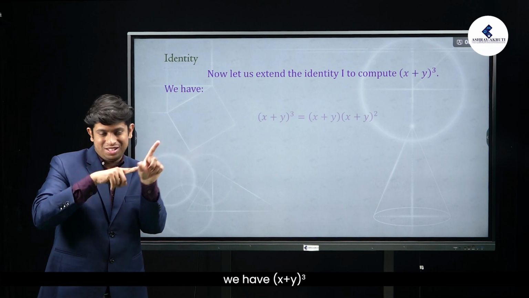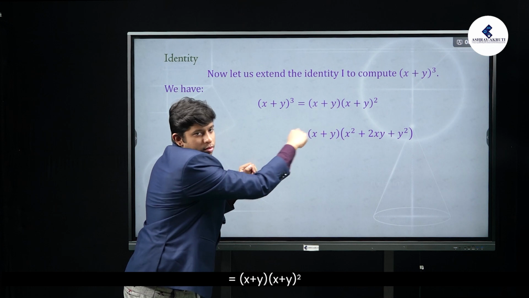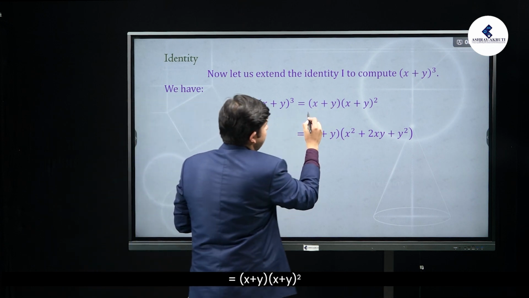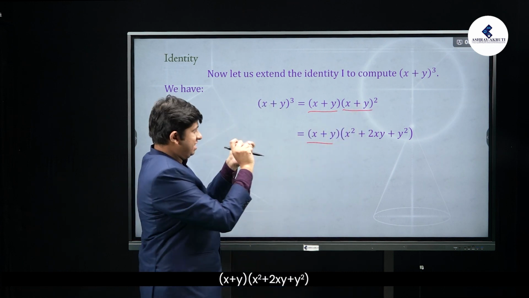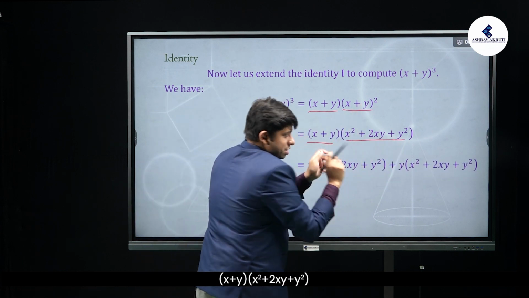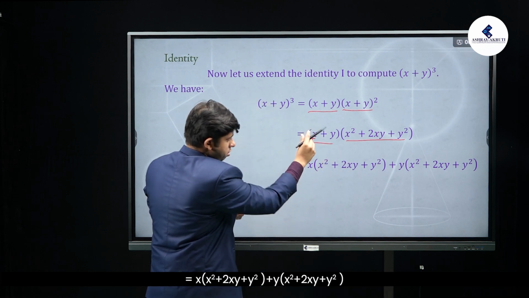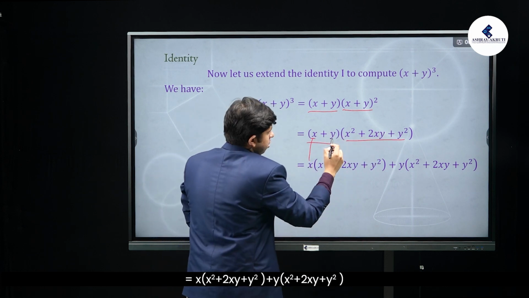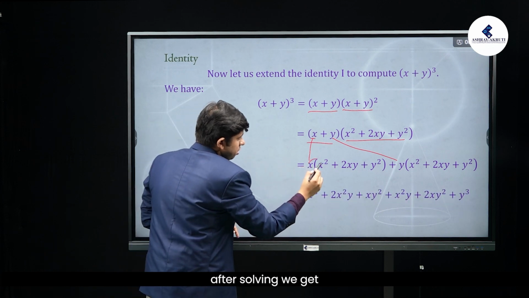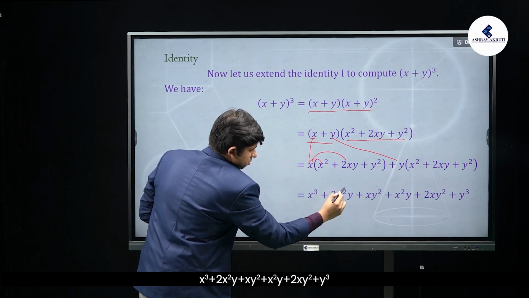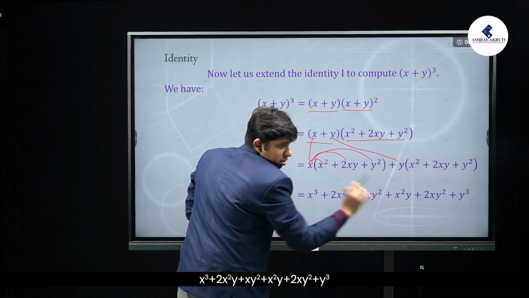We have (x + y)³ is equal to (x + y) into (x + y)². By expanding, we get (x + y) into (x² + 2xy + y²), which is equal to x into (x² + 2xy + y²) plus y into (x² + 2xy + y²). After solving, we get x³ + 2x²y + xy² + x²y + 2xy² + y³.